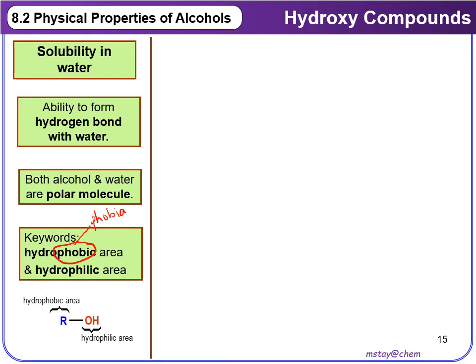Now let's look at the structure. Basically the alkyl group is the hydrophobic area, and the hydroxyl group is the hydrophilic area. The meanings of hydrophobic and hydrophilic are opposite. At the same time, we want to show how we can prove that alcohol can form hydrogen bonds with water.